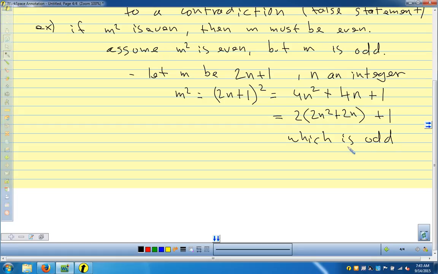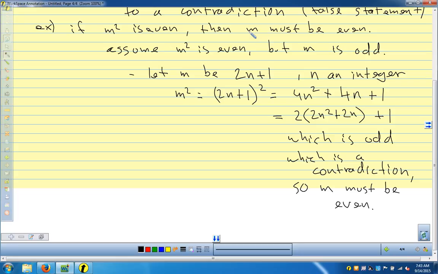So this is a contradiction. So m must be even. So now we have that if m squared is even, then m has to be even.